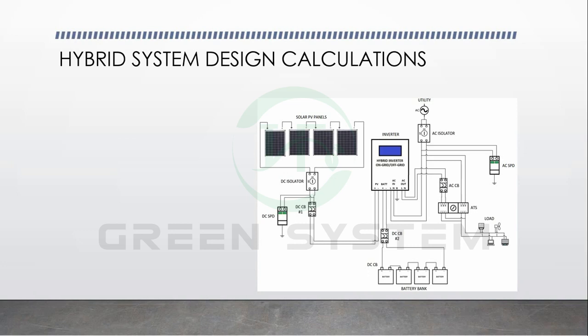The hybrid system is almost the same as the off-grid system that we have discussed in the previous lecture. The only difference is that the solar charge controller and the inverter are now combined as one equipment.